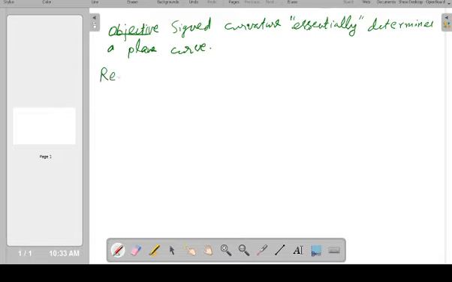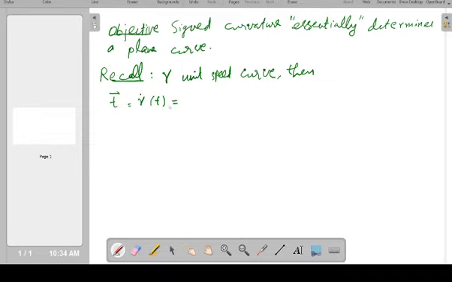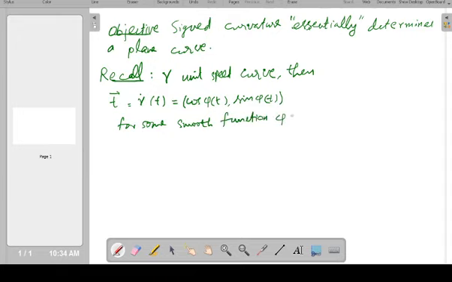Recall, in the last class we proved if gamma is a unit speed curve, then gamma dot t, the velocity, can be written as cos phi t, sin phi t, for some smooth function phi from alpha beta to R.